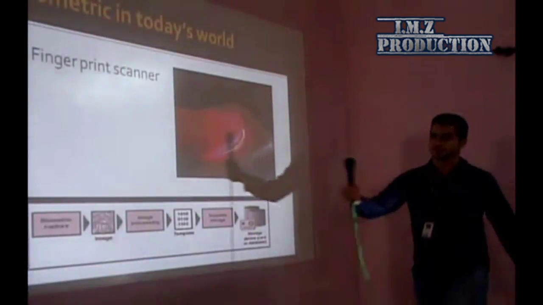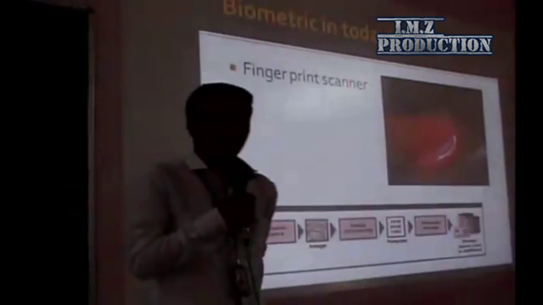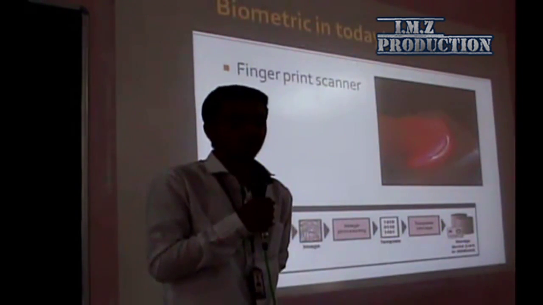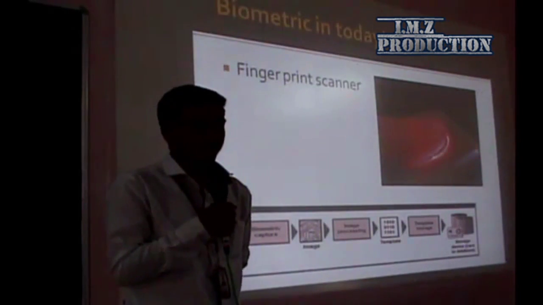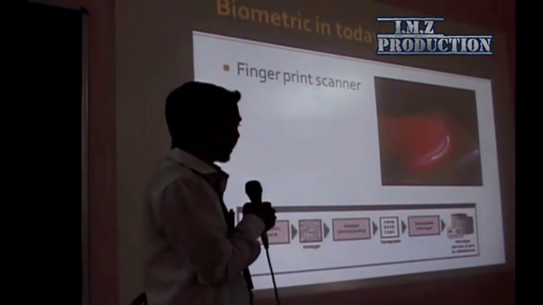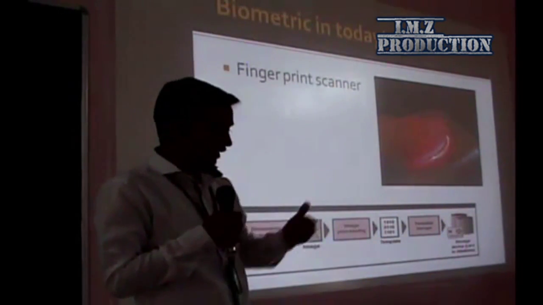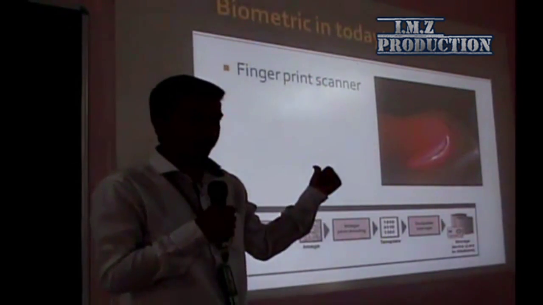Biometrics in today's world. In today's world, we have different types of biometric systems. We have fingerprint scanner, iris scan, facial detection, and many other types of biometric systems. Coming to finger scan, as I said in the working, it captures the image of our finger in the fingerprint scanner.